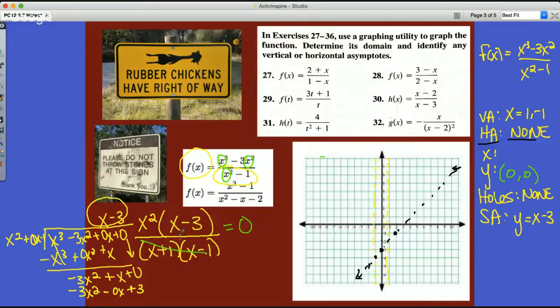Remember, we can eliminate the bottom, to where I set x squared equals 0 and x minus 3 equals 0. So my two x-intercepts would be 0 and 3. So I get 0, 0, and 3, 0. And what we have now is our x and y intercepts, one at 0, 0, and one at 3, 0. Okay?